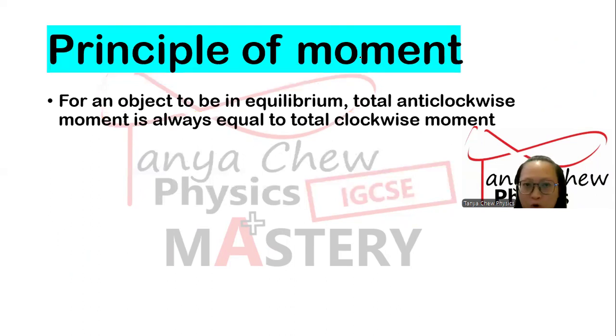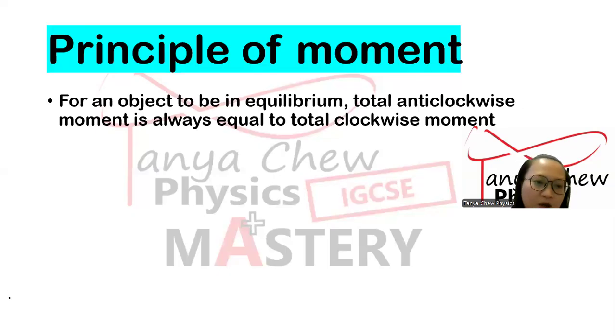Now, principle of moment. You know, in paper 4, sometimes they ask you to state two conditions for an object to be in equilibrium. One of them is this principle of moment. Principle of moment talks about the condition of the moments acting on the object in order for the object to be in equilibrium.